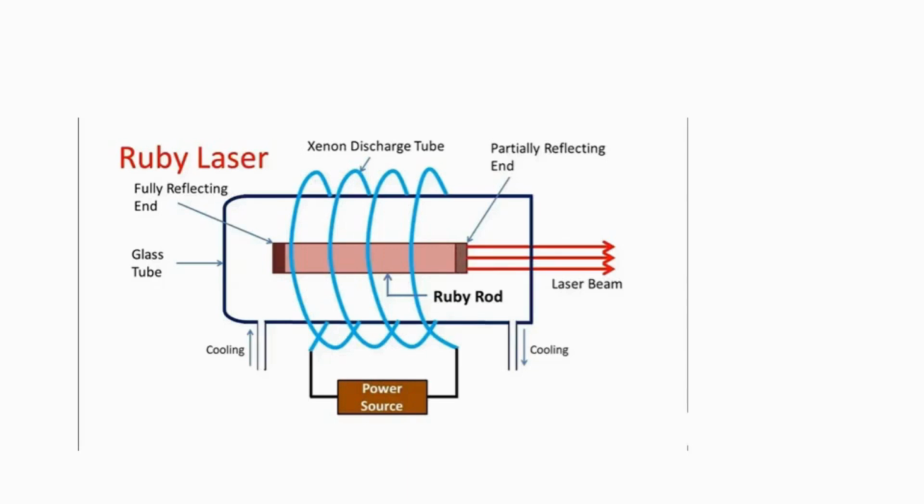One end of the rod is fully silvered and the other end partially silvered. So it acts as an optical resonator. Whenever we pass current through this arrangement, a laser beam of red color having high intensity will come out.